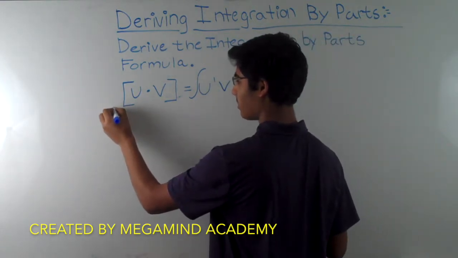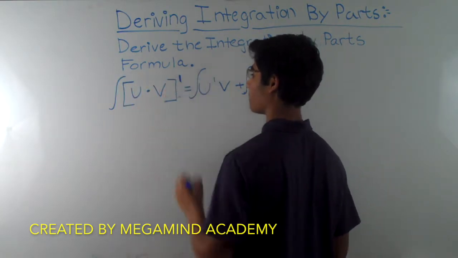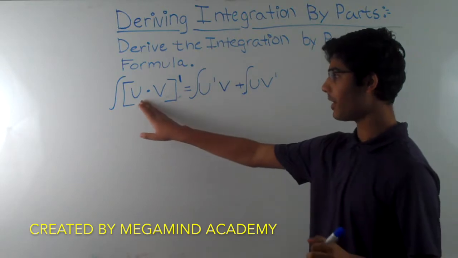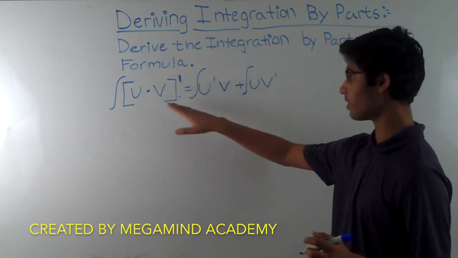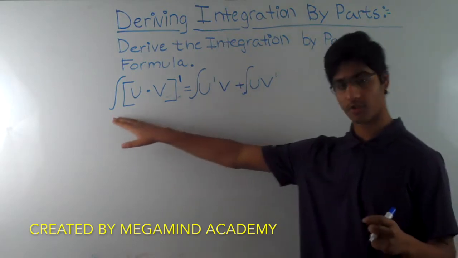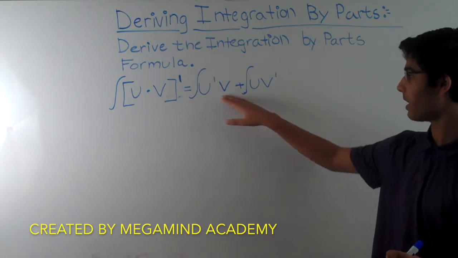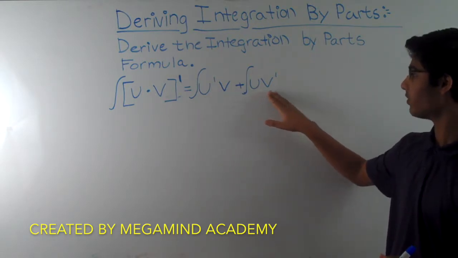And this would be equal to the integral of this part, the derivative of this. So the integral of the derivative of u times v is equal to the integral of u prime of v plus u v prime.